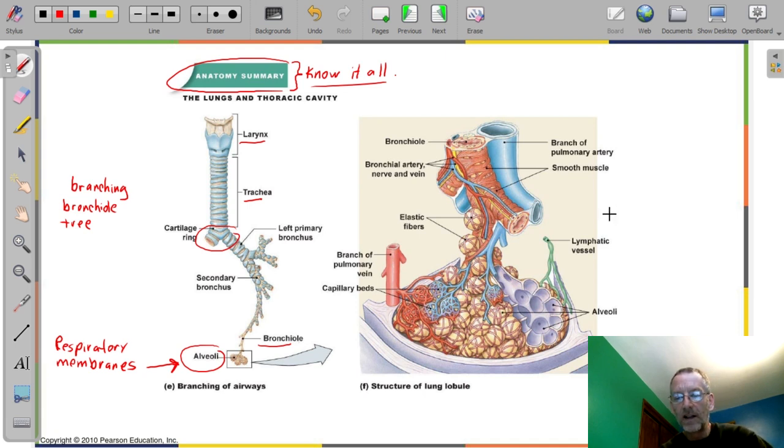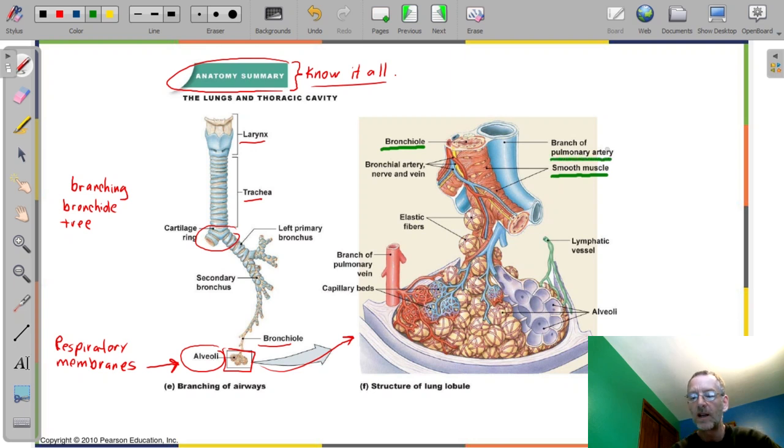So on the right is one of these alveolar clusters that's enlarged, and a couple of things to note on this slide are the bronchioles, and those are wrapped with smooth muscle that's shown in brown, and a branch of the pulmonary artery is also shown.